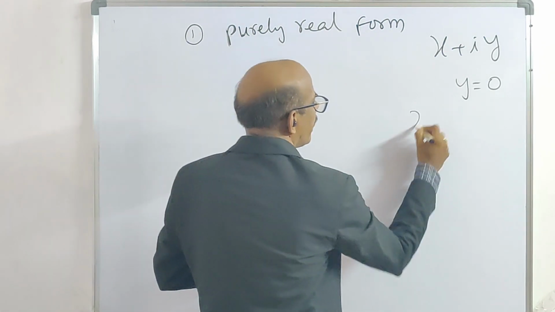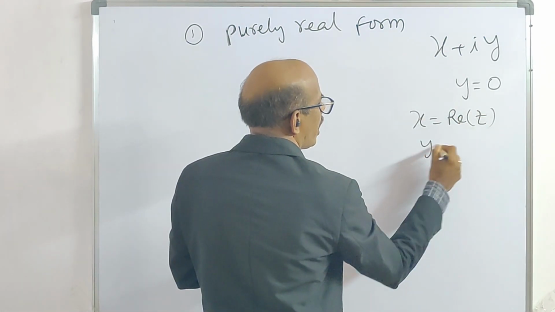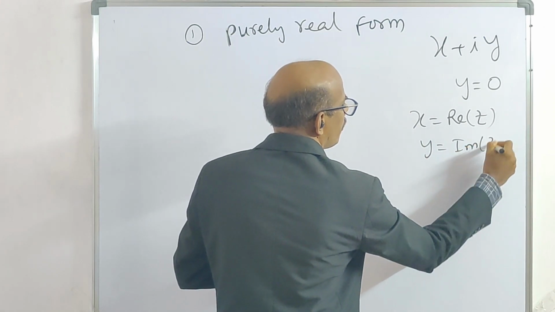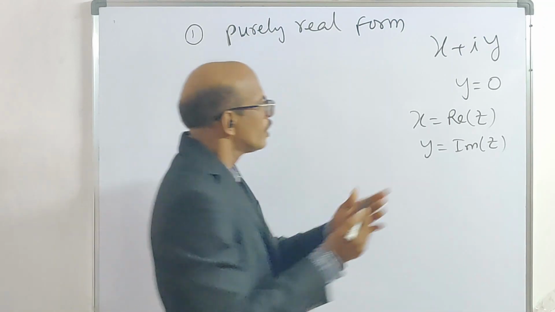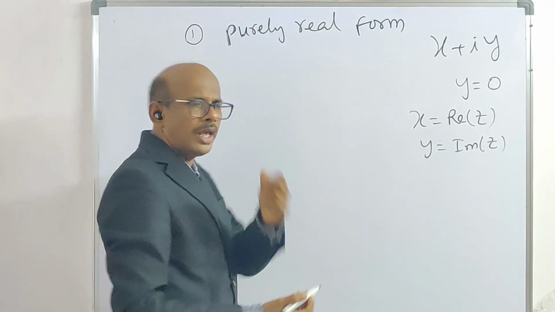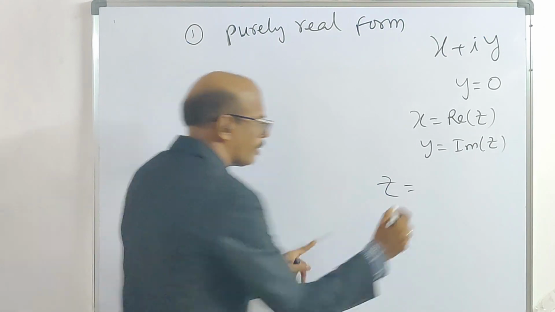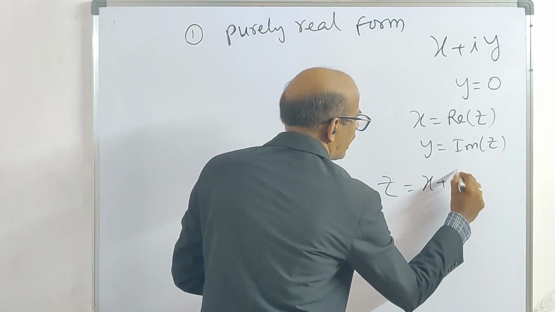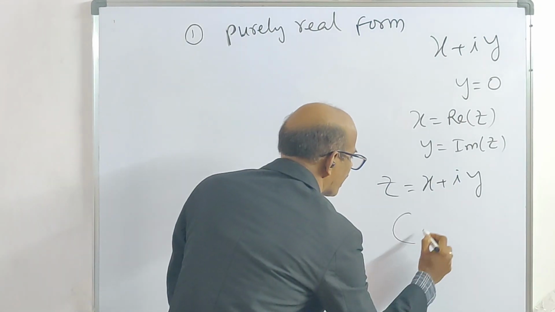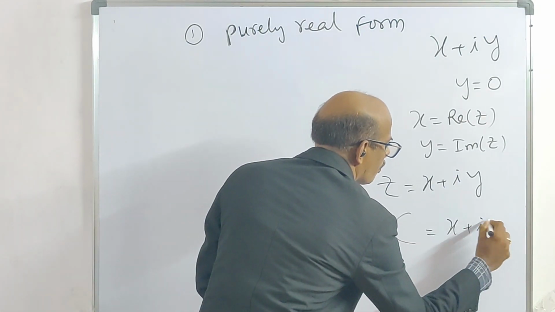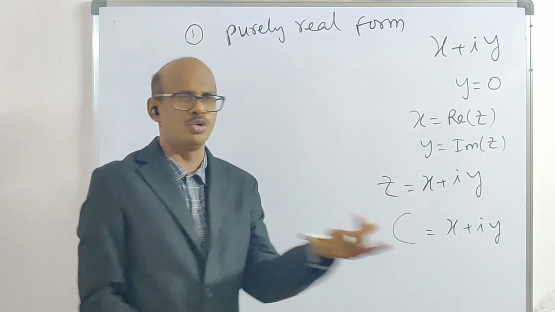Here x is called the real part of z and y is called the imaginary part of z. Generally, complex numbers are represented by the letter z as x plus iy. Some others denote them by the letter c also, no problem. According to your convenience, you can use either.